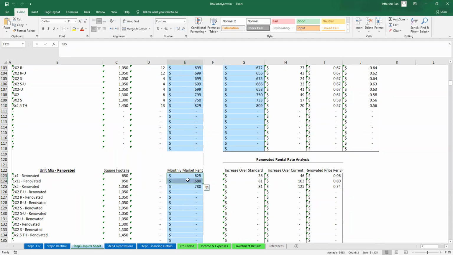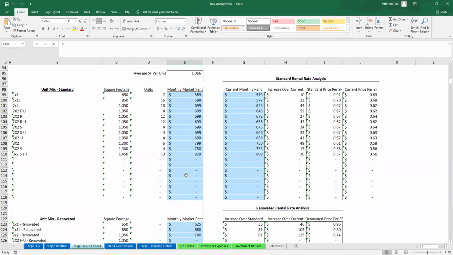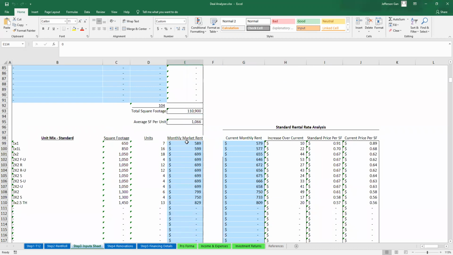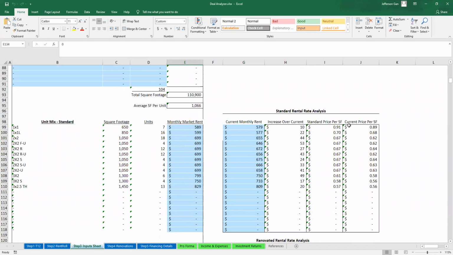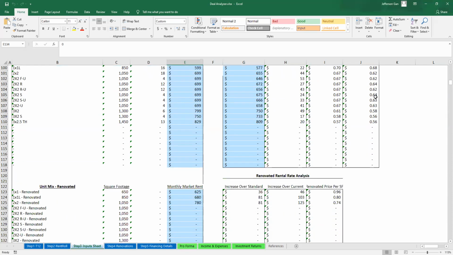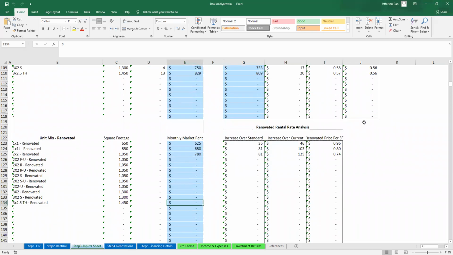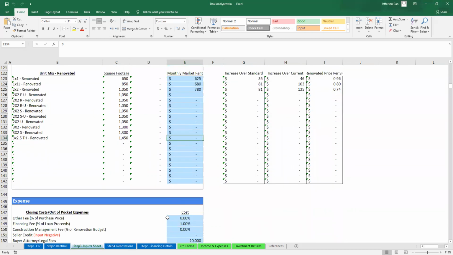So this is where I place this in this deal analyzer. Then you will also see here the current price per square footage. So that's the importance of knowing the square footage of the unit, so it will be similar to the renovated price per square foot.